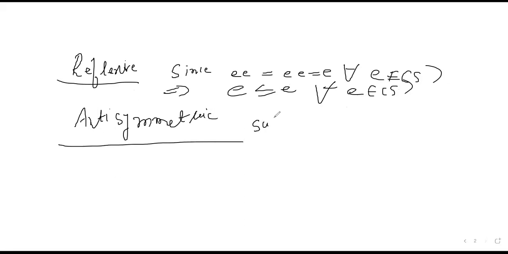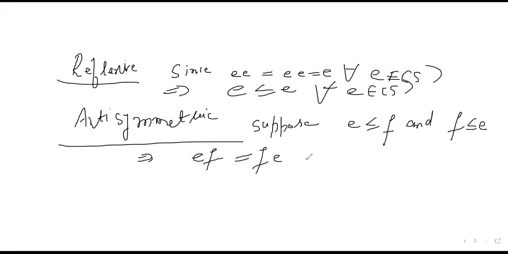Antisymmetric. Now suppose e is less than or equal to f and f is less than or equal to e. Then this implies ef equals fe equals e, and by this second part, fe equals ef equals f.